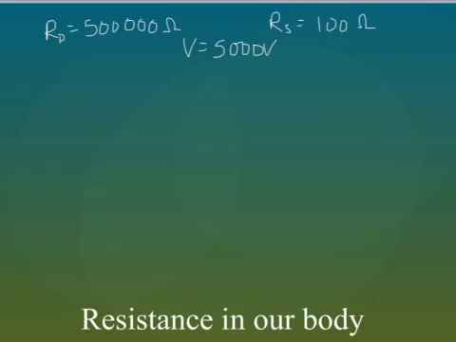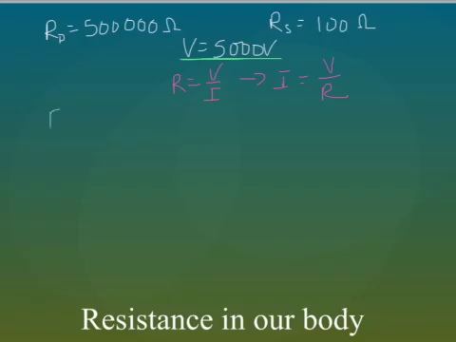I set it up here, and now we need to remember from the last one that our equation is resistance equals the potential difference divided by the current. Solving that for I, we end up with I equals the voltage divided by the resistance. Now we can plug it in for both cases. For both of them, we've got voltage as 5,000.